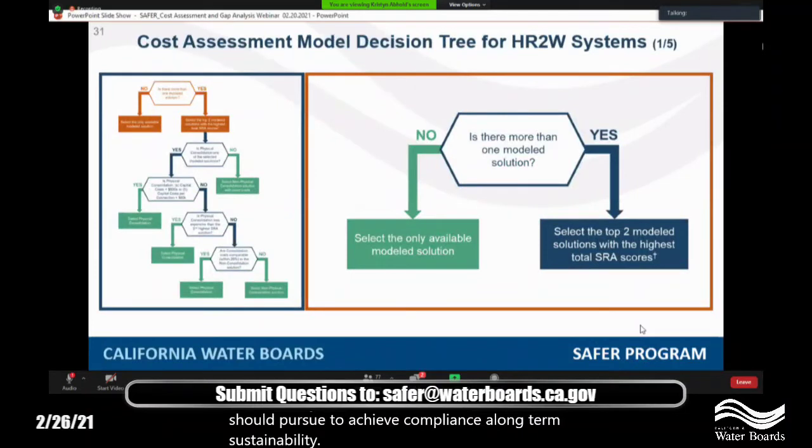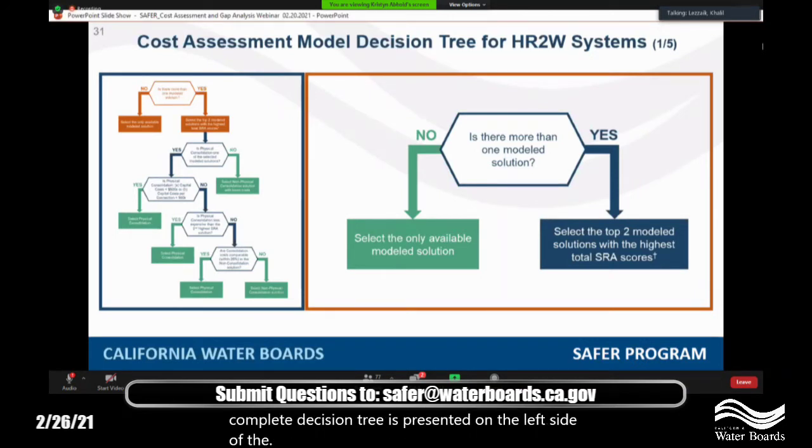Next slide. Thank you. So to select the final modeled solution, or the best modeled solution, for a system under step 5, we developed a cost assessment model decision tree that uses a conditional if-then approach to make decisions on which solution to select for a system. The complete decision tree is presented on the left side of the slide in front of you.